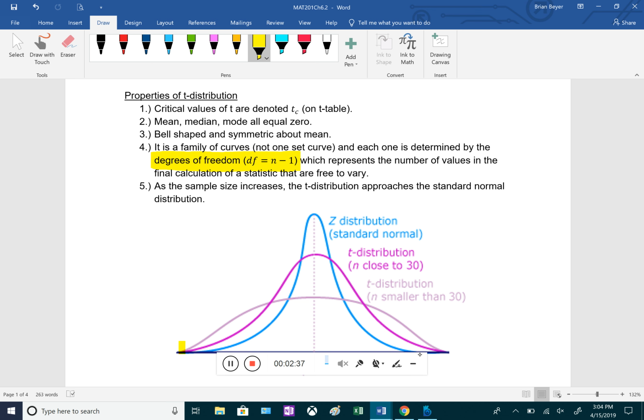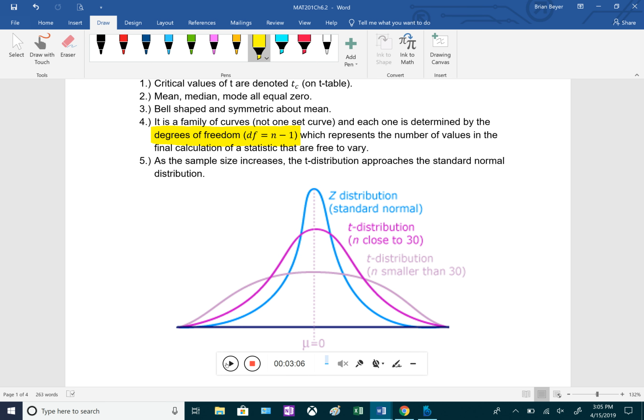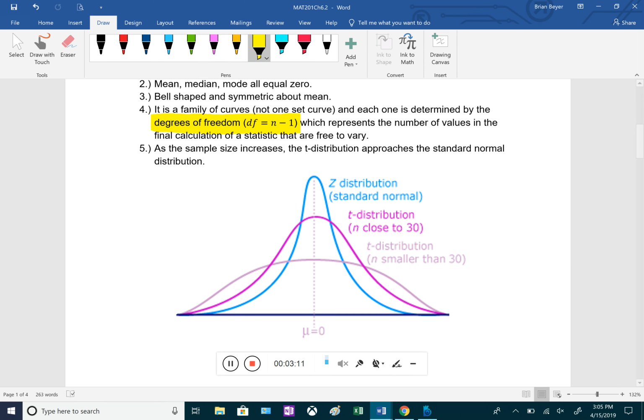This hot pink one is the t when the sample size is close to 30. The lighter pink one is the t-distribution when the sample size is less than 30. So you can see that as n gets larger, it is closer to the standard normal curve. Overall it's a pretty similar bell shape to the normal curve.